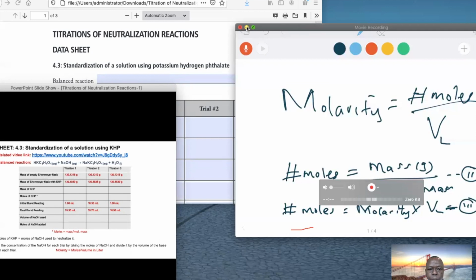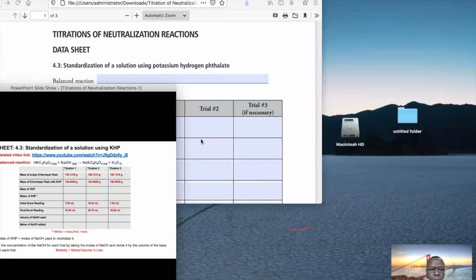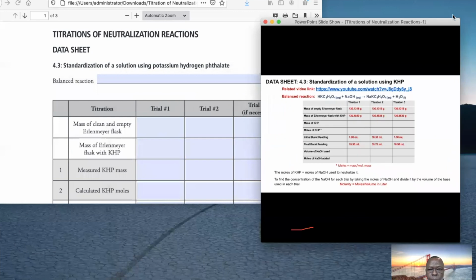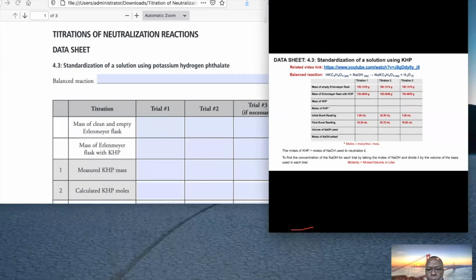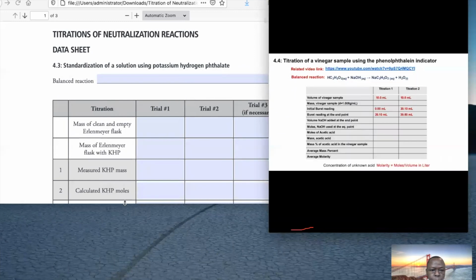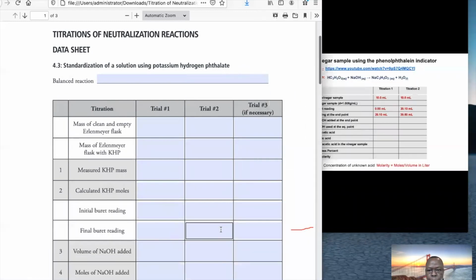So I guess if I put these side by side, we may have enough room to see what's going on. Calculate the number of moles. This is given by mass over molar mass.